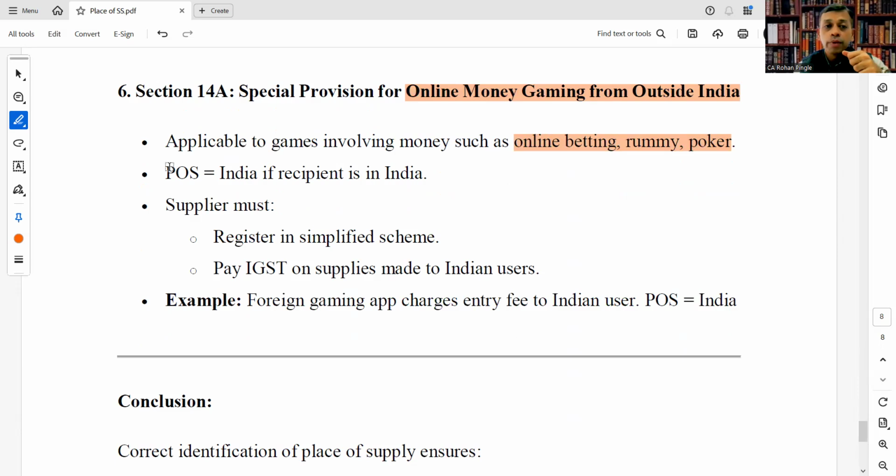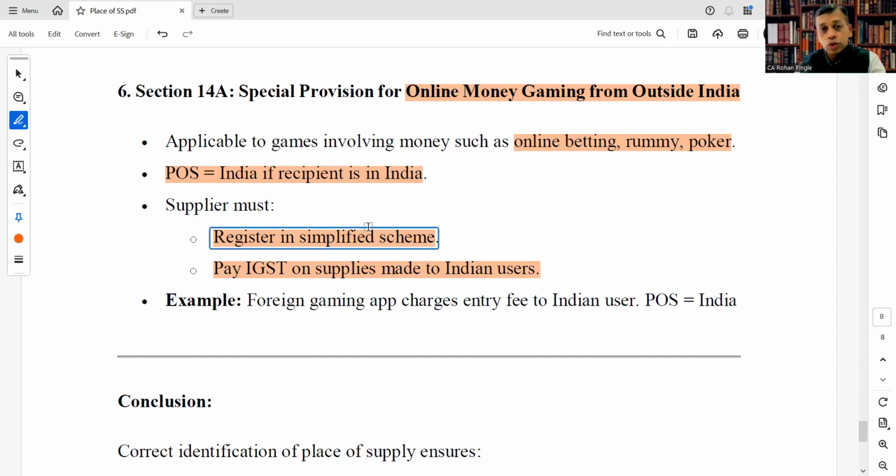Place of supply would be India if the recipient is in India. The supplier must register in the simplified scheme and pay IGST on supplies made to Indian users. Because of course the supplier is outside India, but the recipients of these games are situated in India, and therefore the place of supply in that case would be India.